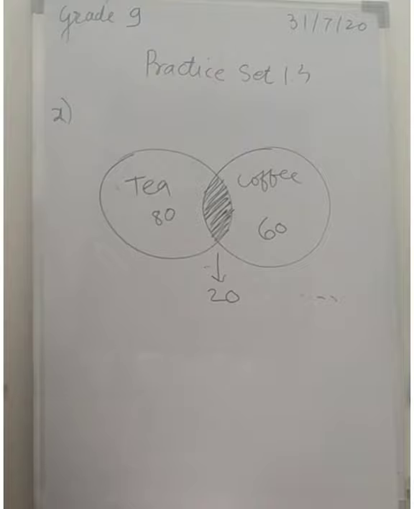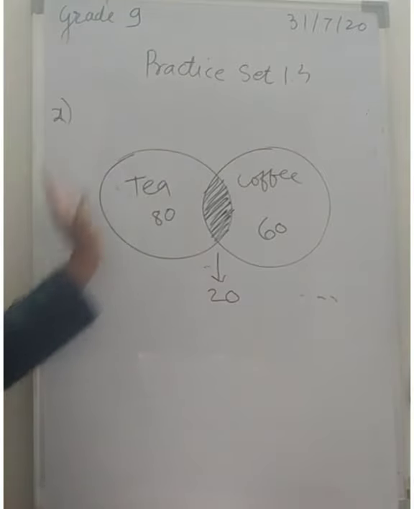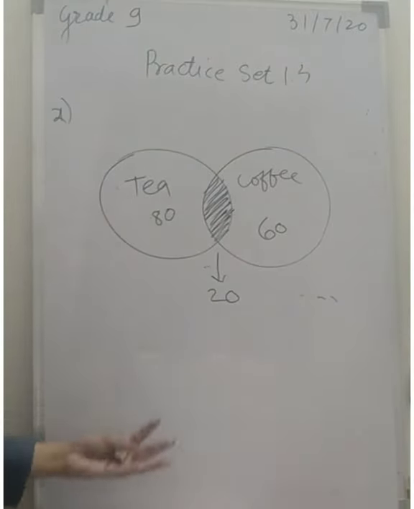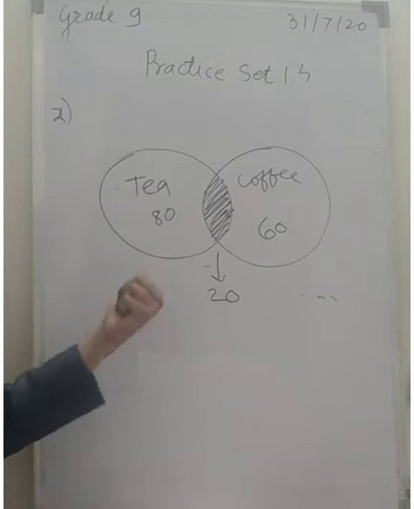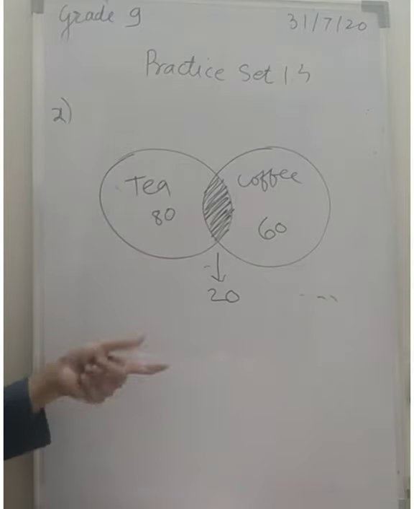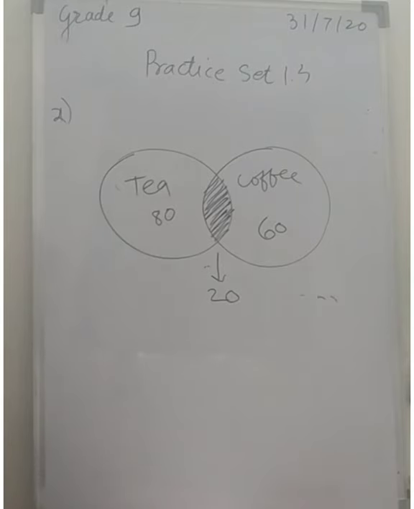Okay, now we need to know in total how many students are drinking these beverages. Once we know that number, we are going to subtract it from 125, and then we will get the number of students who do not drink even tea or coffee at all.